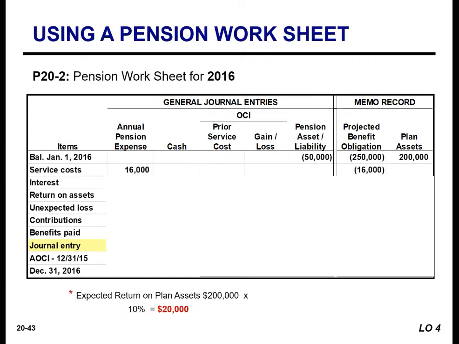They had service costs in that year of $16,000. Interest at a settlement rate of 10%. So 10% of the projected benefit obligation is $25,000. Actual return on plan assets was $18,000.